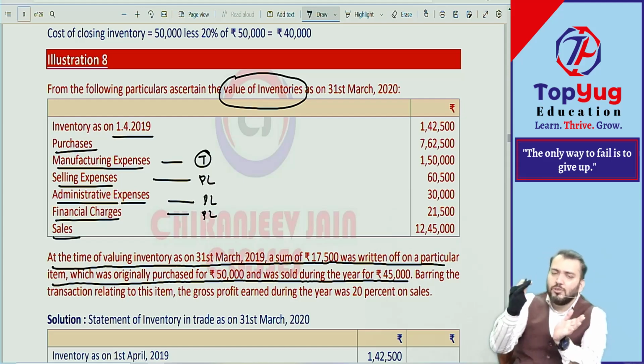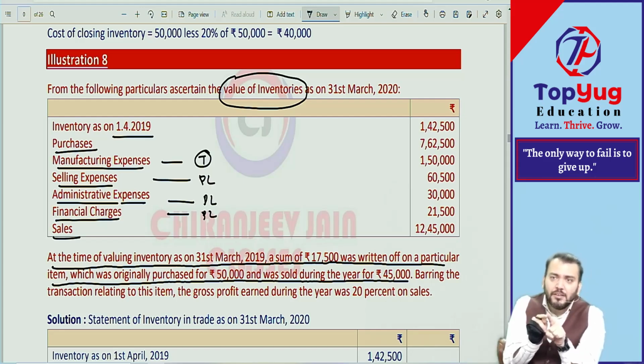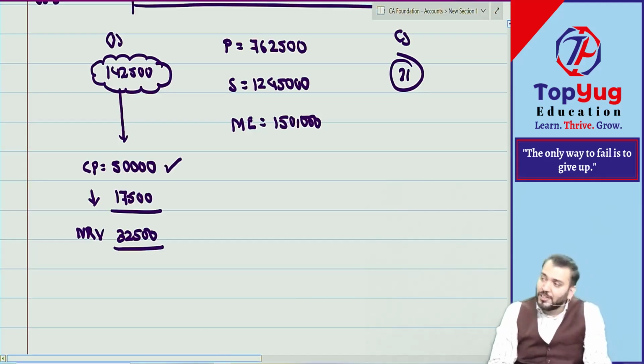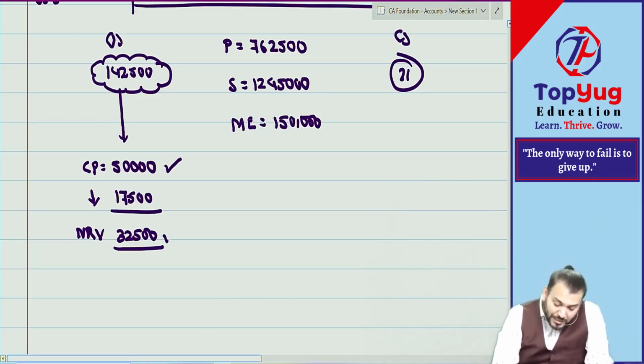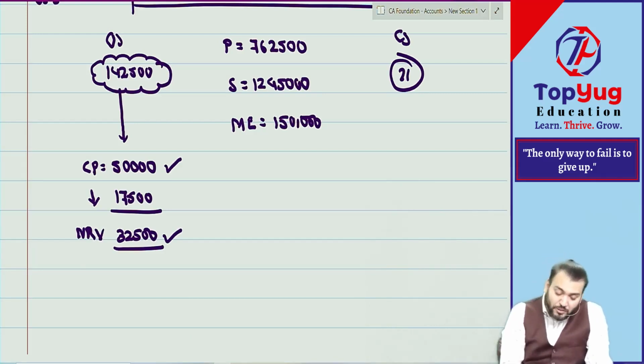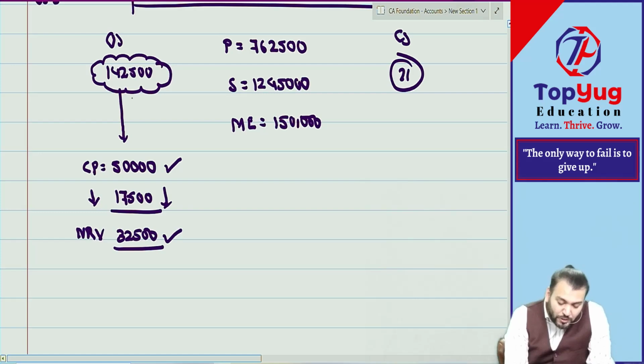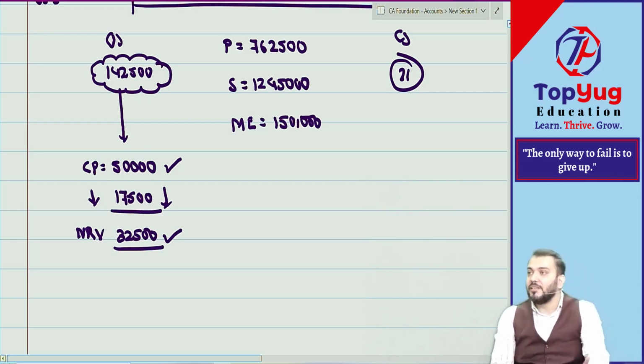So that value will have cost price or NRV. If NRV is lower than cost price, it will include NRV. There was some item whose cost price was how much, whose NRV was how much, already written down by how much. So this 1,42,500, because it is already valued, will include 50,000 or 32,500?